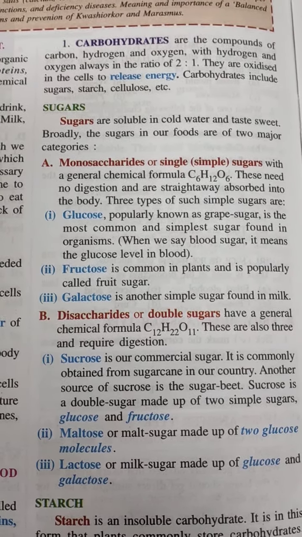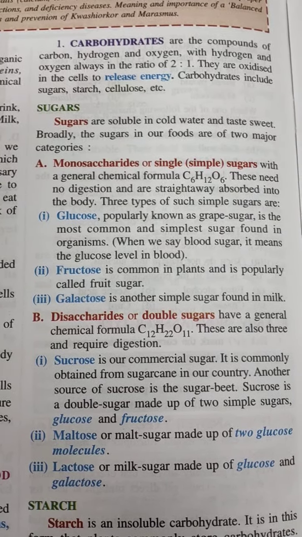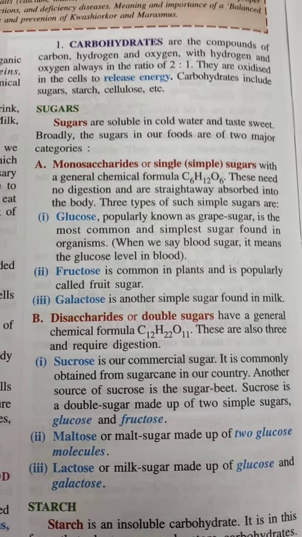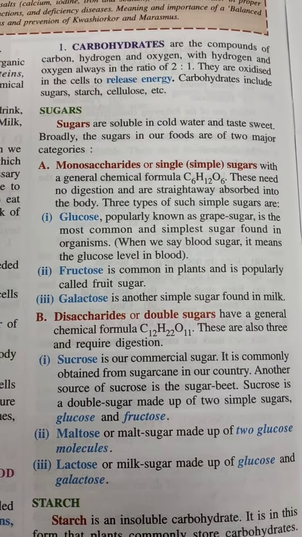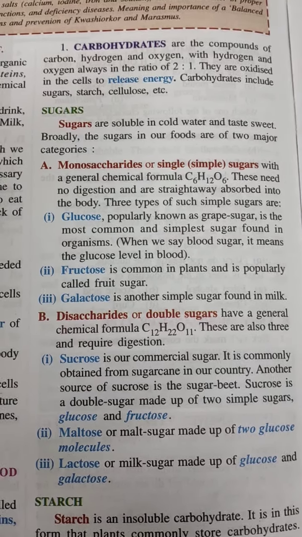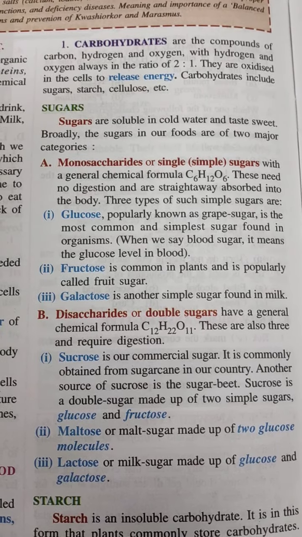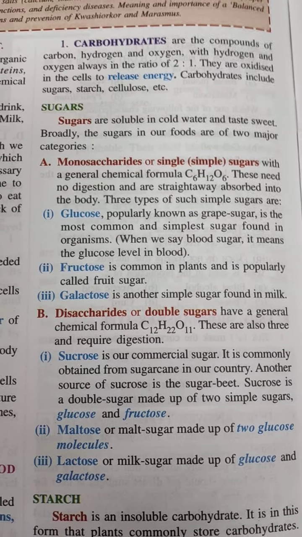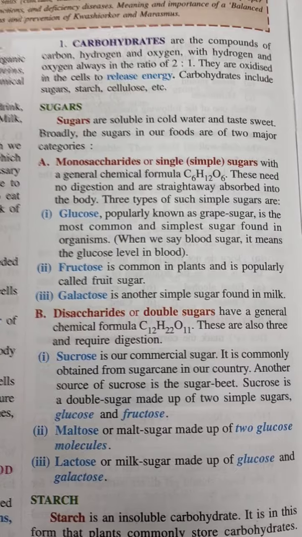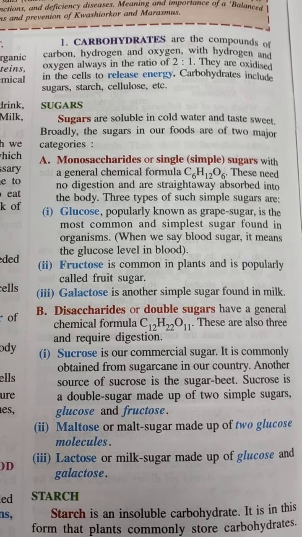This also you have to remember. You all know, I hope, that this is the chemical formula of glucose, which is the most important sugar. These need no digestion and straight away they can be absorbed into the blood. 3 types of simple sugars are there. One is glucose, another is fructose, another is galactose. Fructose we can find in fruits and galactose we can find in milk.